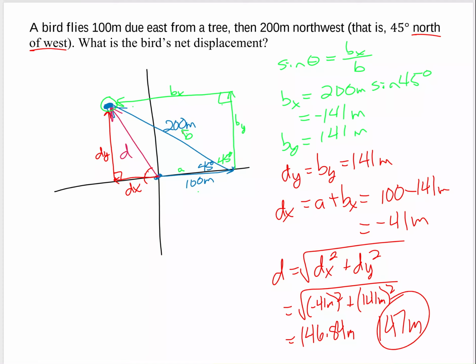You want to use sine, cosine, or tangent, it doesn't make any difference. Tangent? Yeah. Okay, so we'll use tangent. Theta equals opposite over adjacent. So the opposite is d sub y, which is 141, over d sub x, which is 41.